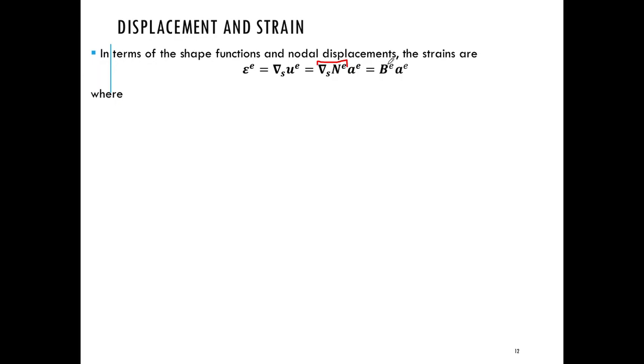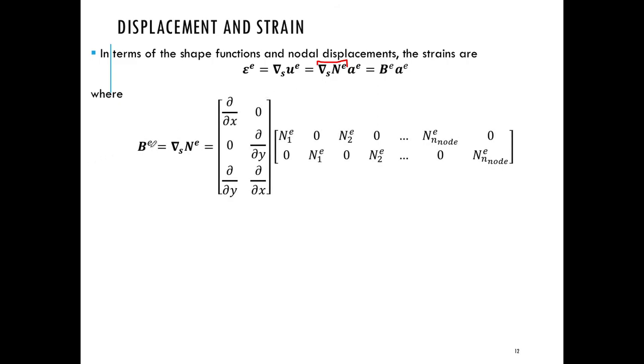Let's expand that out. B is, as we've just said, del S times N^e. Del S was this one; go back to slide number 2 for this lecture to find it. And N, which we wrote down in the last slide, is this one.